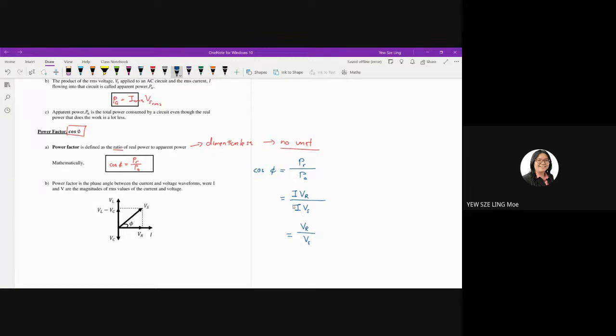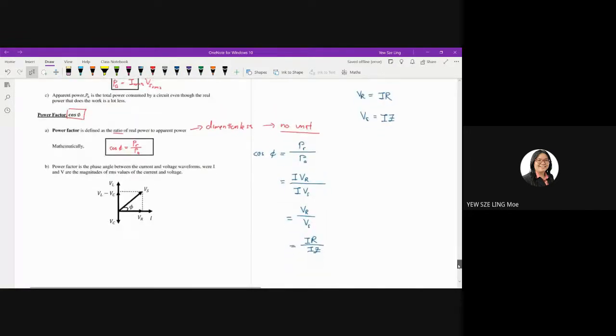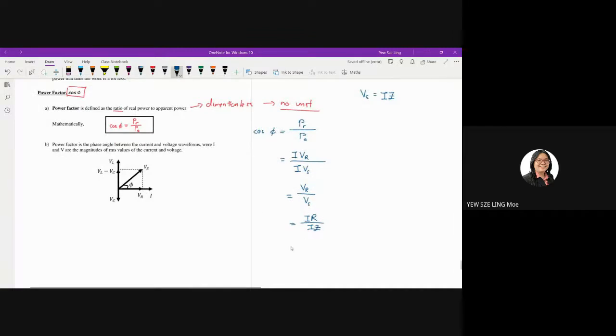If you look at these two diagrams, the R right here, VR and VS. Since we know VR is equal to IR, and VS is equal to IZ, these equations can then be written as IR over IZ. So from here, what are we going to do? We're going to simplify the equations again.